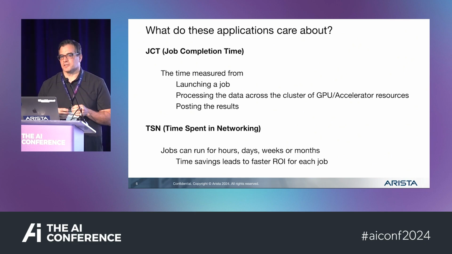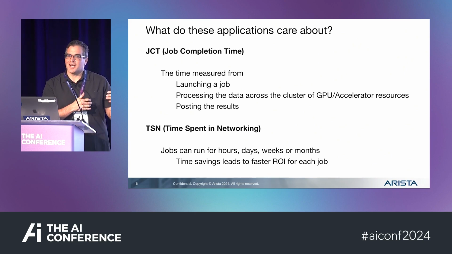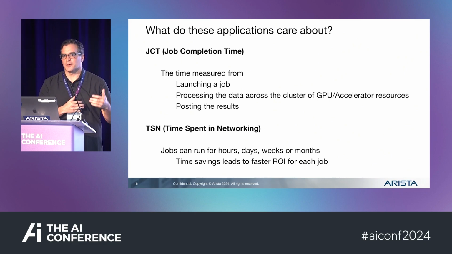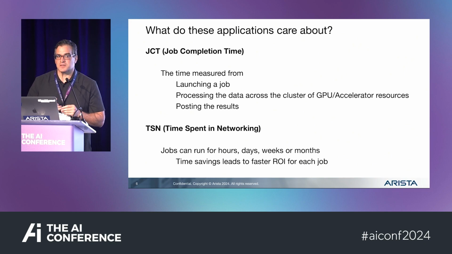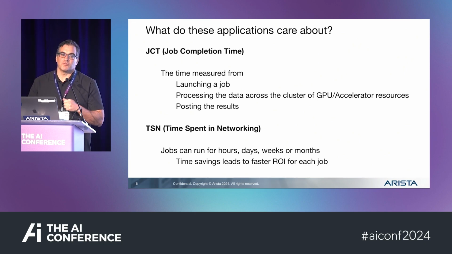TCN specifically is a subset of that JCT, where it's basically how much time did that job spend just traversing the network, okay? And so we measure some of these things down in the millisecond ranges. Very small efficiencies on the network transport side have big valuable meaning to the GPU guys. As you know, sometimes they're training these jobs, they might take days or weeks or months, okay?